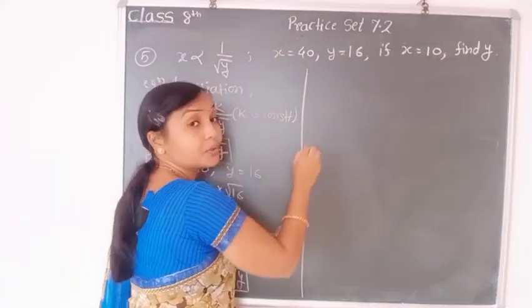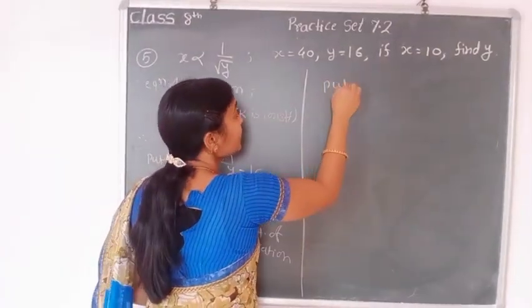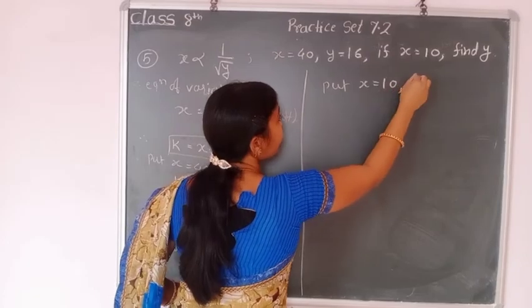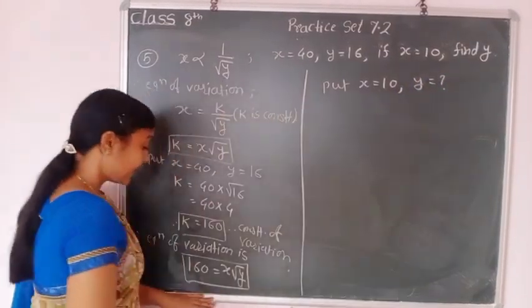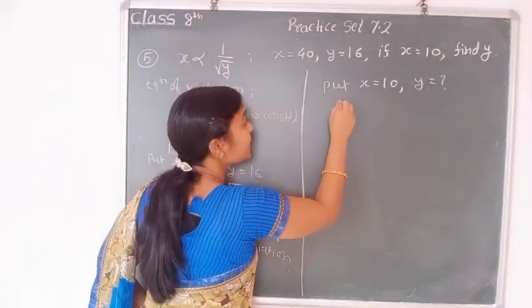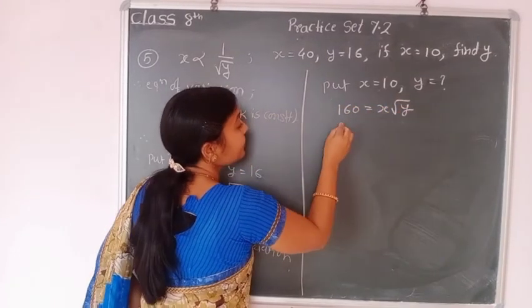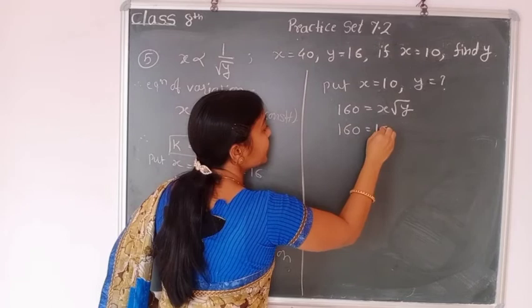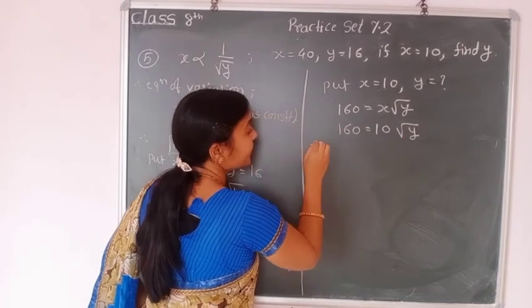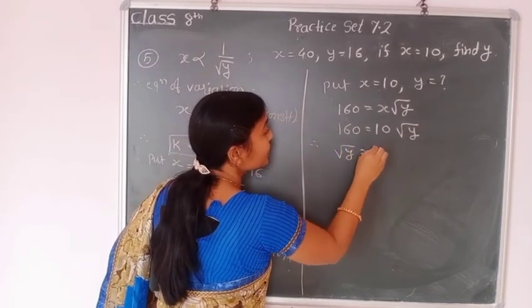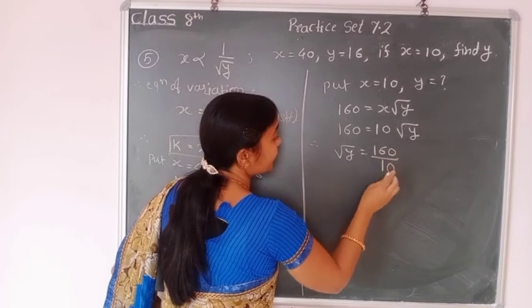Now we have to find out y, so put x equal to 10. Then we write down the equation of variation: 160 equal to x root y. 160 is equal to 10 into root y. Therefore root y is equal to 160 upon 10.